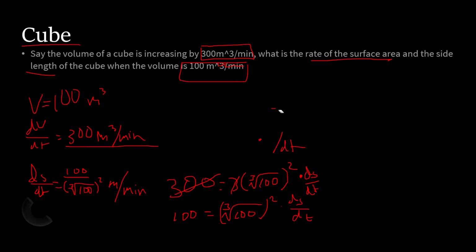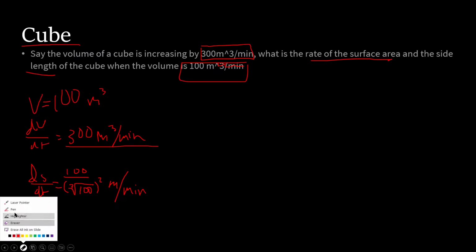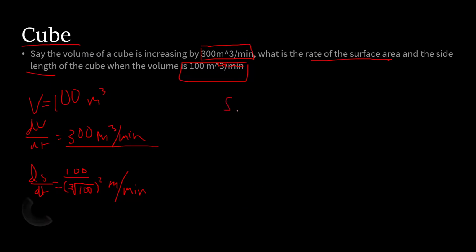Now we need to find the rate of surface area. So surface area is going to be s squared times 6. Let me just write that down for you guys. SA for a cube is s squared times 6.